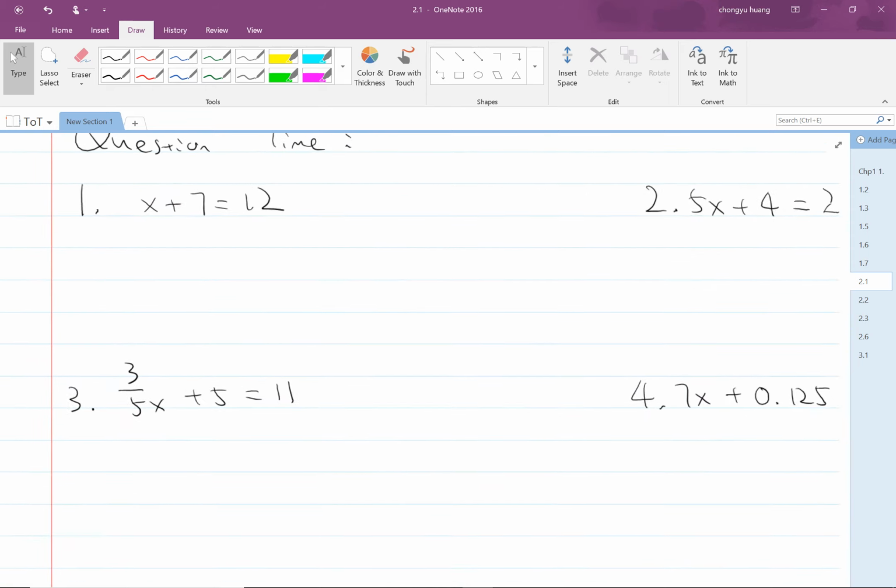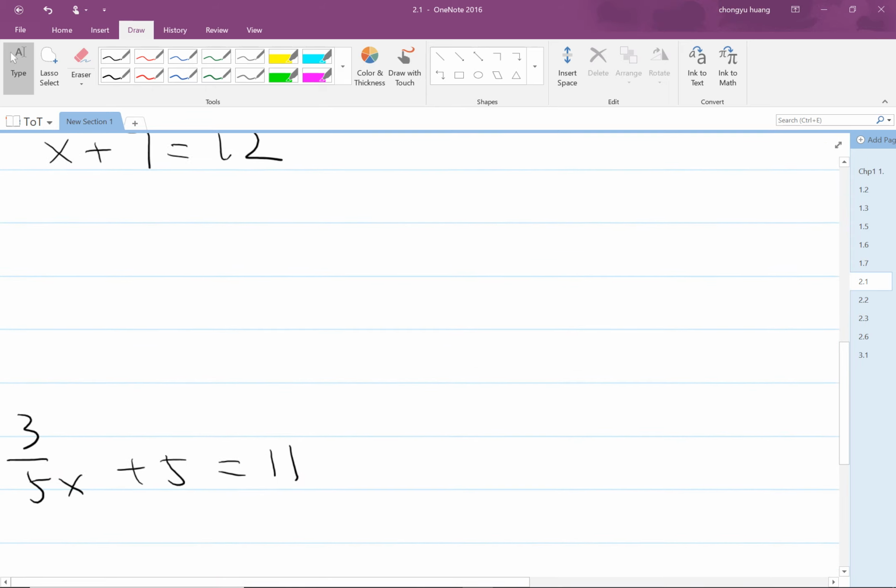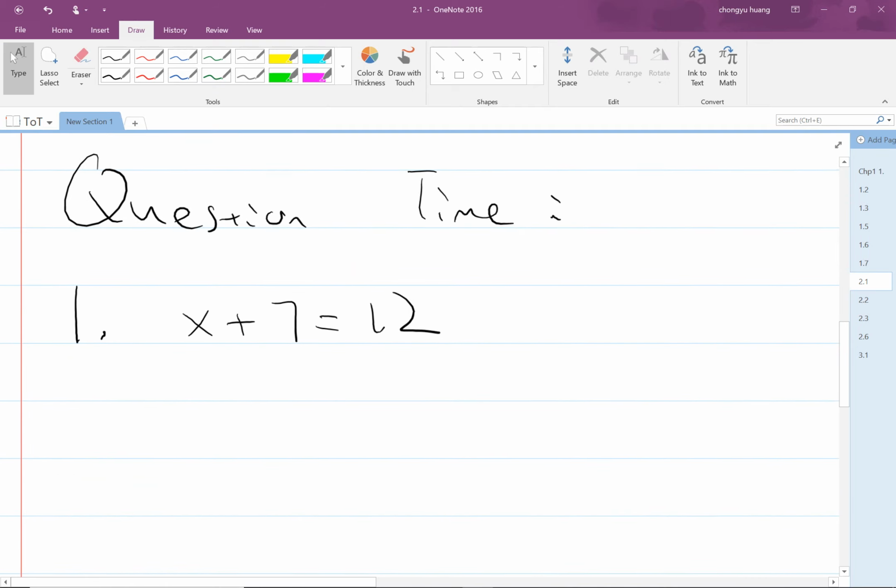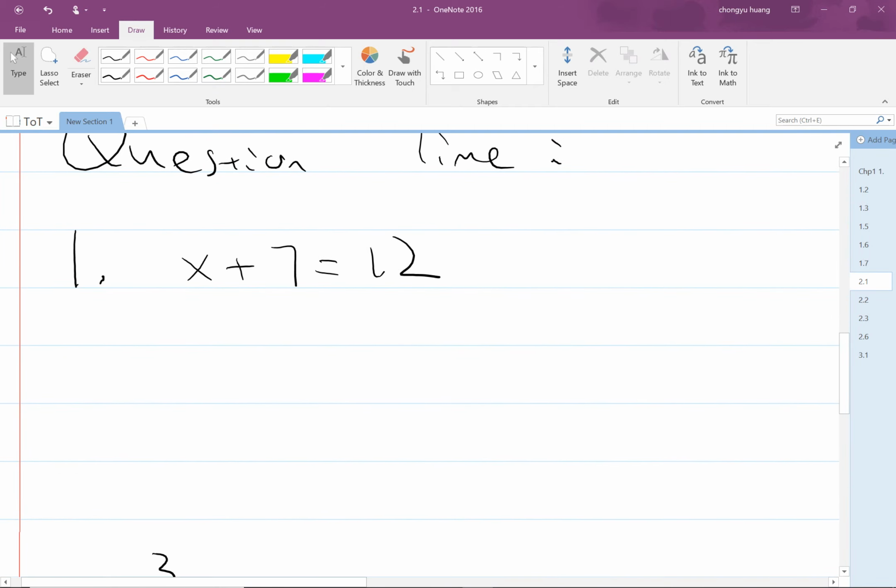So let's start with question 1. Question 1 is a really simple one, as you see, just to get a simple start for everyone. We have x plus 7 equal to 12. All you have to do is x equal to 12 minus 7.